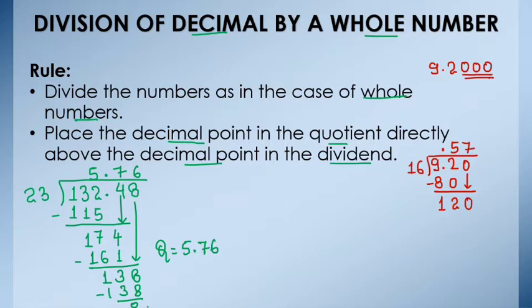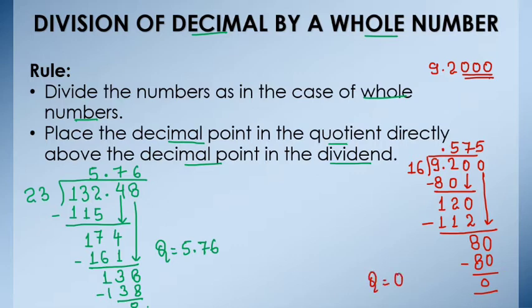16 sevens are 112. Subtract them, 8 will be left. Again it is not completely divisible, so put one more 0 and bring it down. It is 80. 16 fives are 80. So 0 left here.